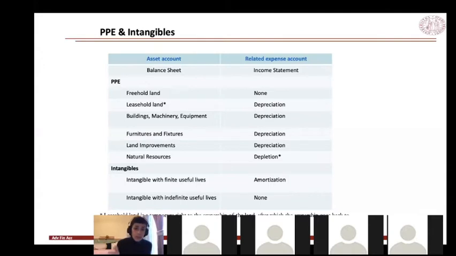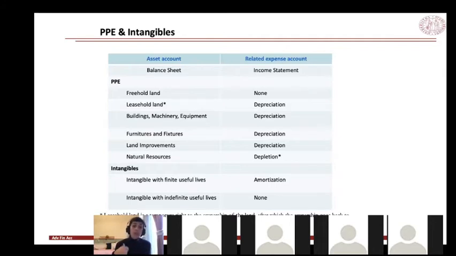So you need to depreciate for that piece of land. We have buildings, machinery, equipment that need to be depreciated, and in the income statement you will have a depreciation expense. Furniture and fixtures, land improvements also are depreciated.